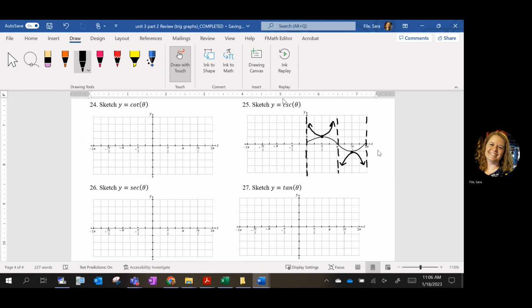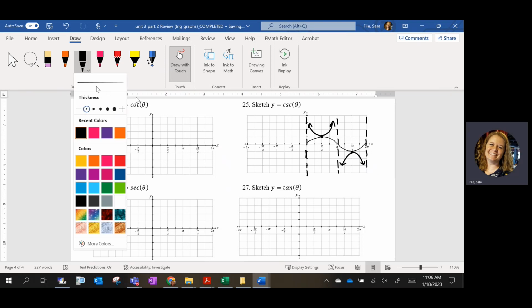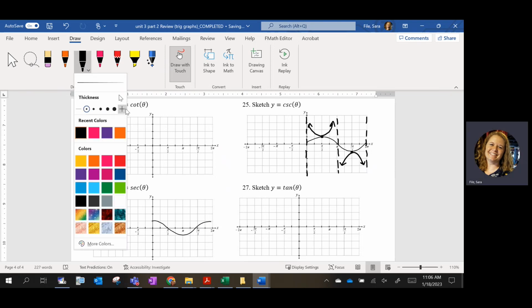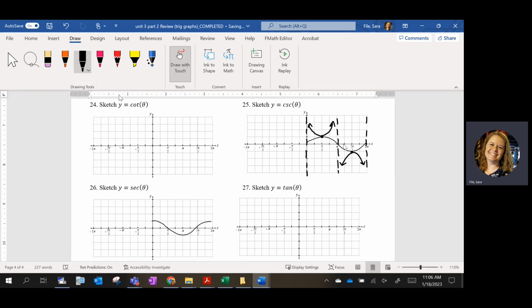Secant is the reciprocal of what? Cosine. So I'm going to sketch real quick. Cosine starts high, comes low, ends high. So this is the cosine curve. Secant is the same thing that happened here.